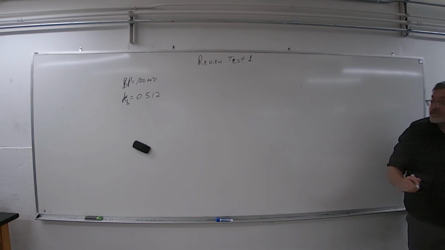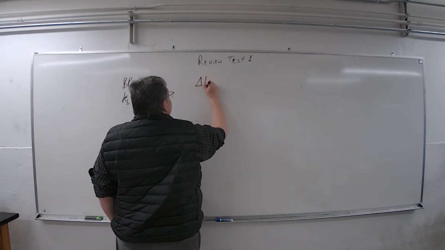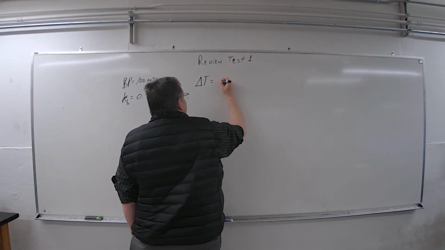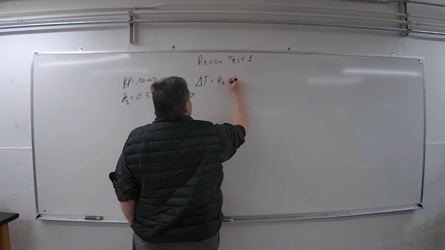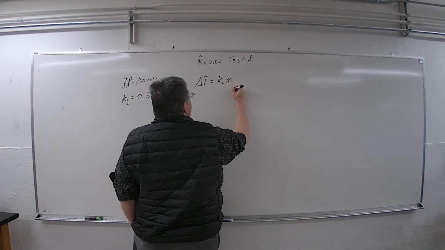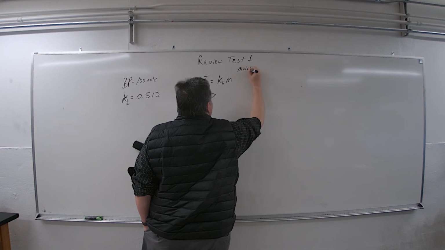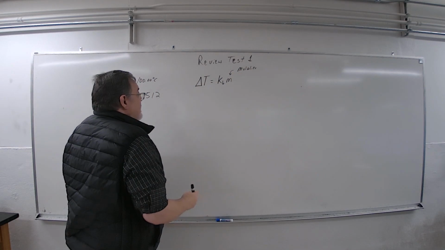The equation is delta T, the change from 100, equals KB times the molality. So we have to find the molality of this.